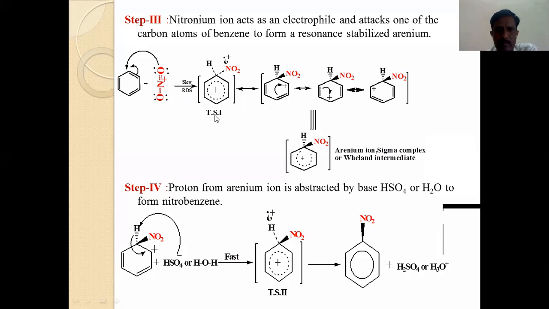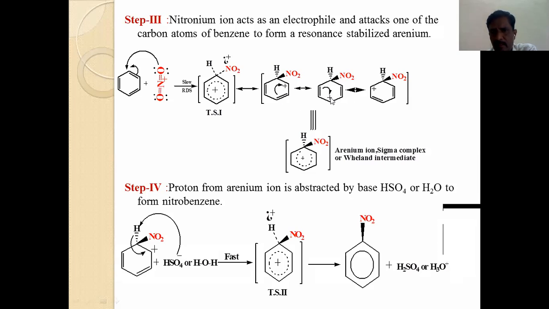There is a formation of transition state 1, and this carbon is sp3 hybridized, while the remaining carbons remain sp2 hybridized. As with the common mechanism in aromatic electrophilic substitution reactions, I have shown how the delocalization of pi bonds takes place from one position to another, and how the positive charge shifts from one carbon to another and gains stability.